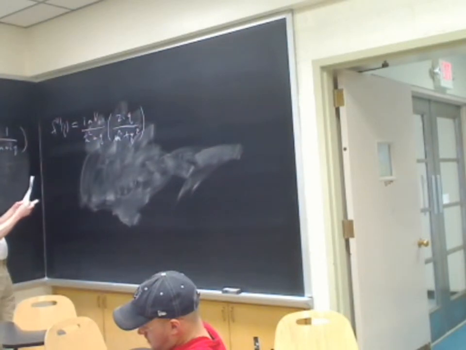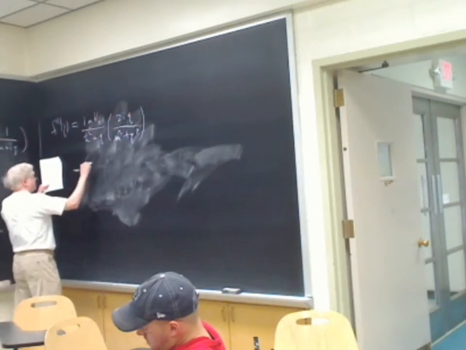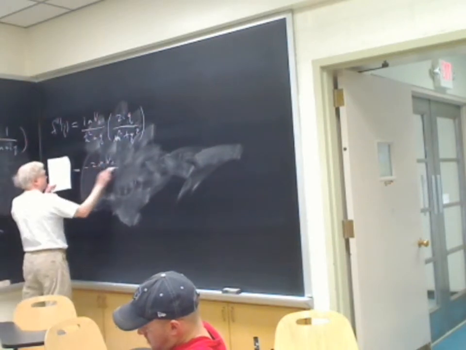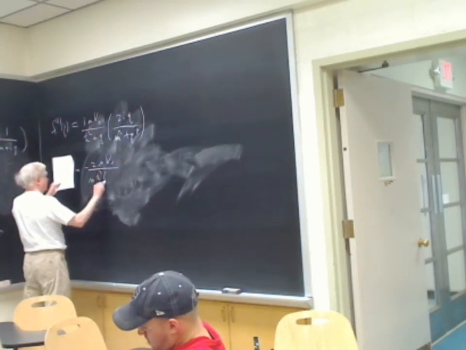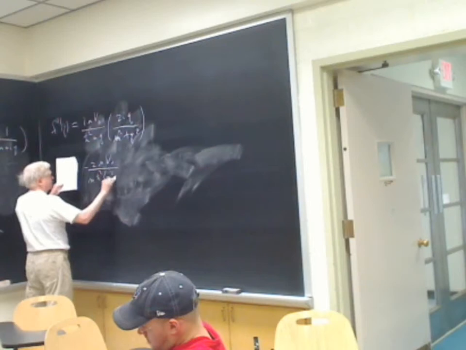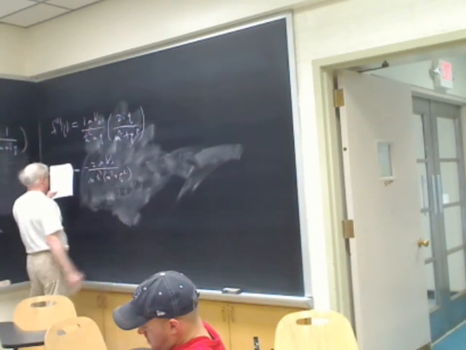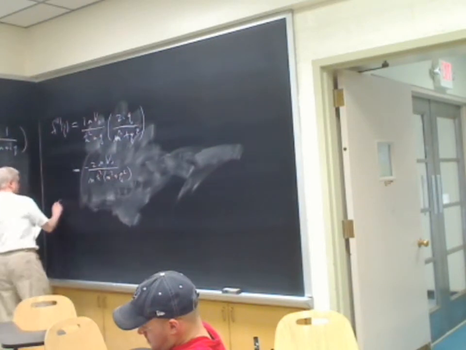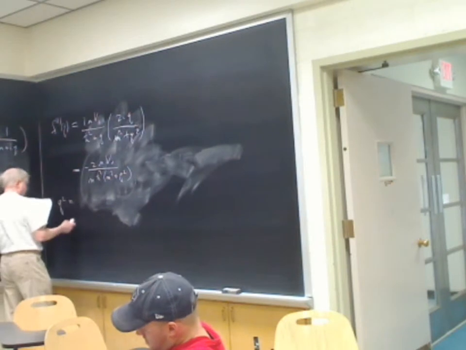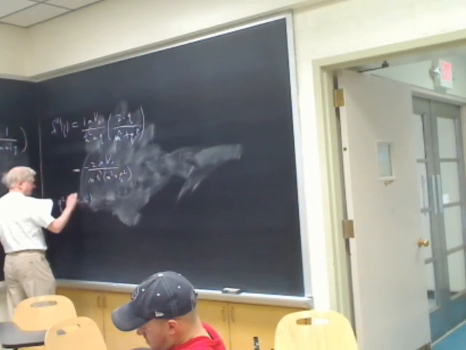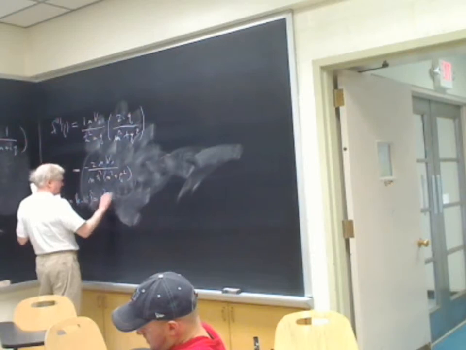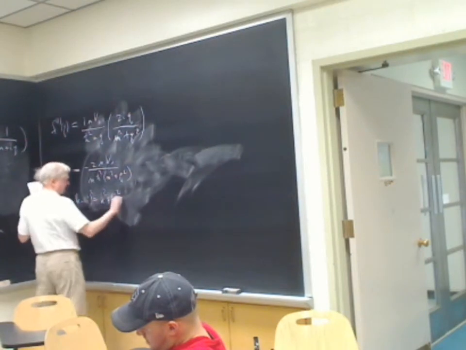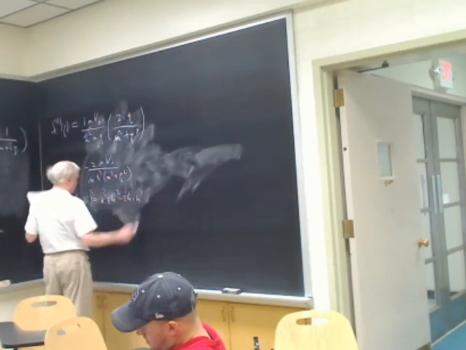Or altogether, it's equal to minus 2 mu V0 over m h bar squared, times 1 over m squared plus q squared. Now what is q squared? Well, q squared is k minus k prime squared, which is k squared plus k prime squared minus 2 k dot k prime.